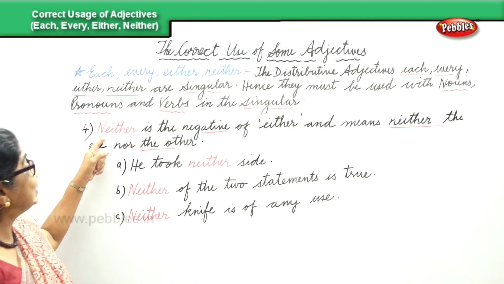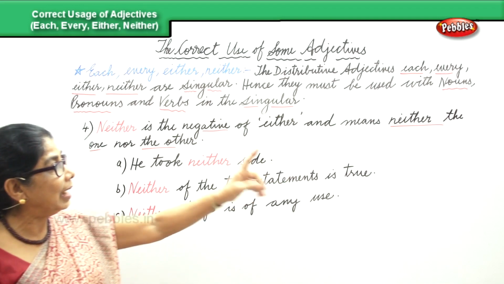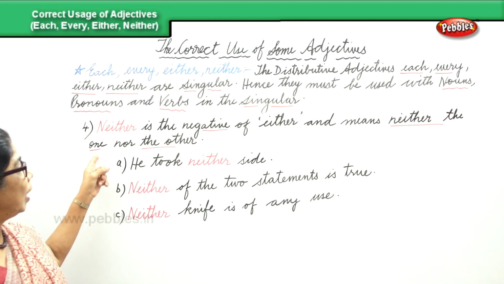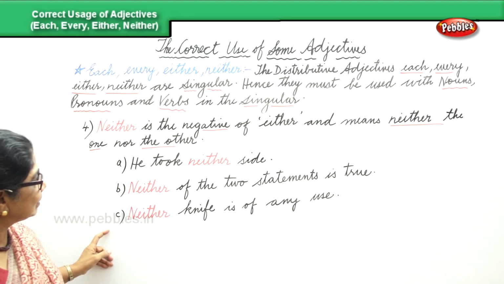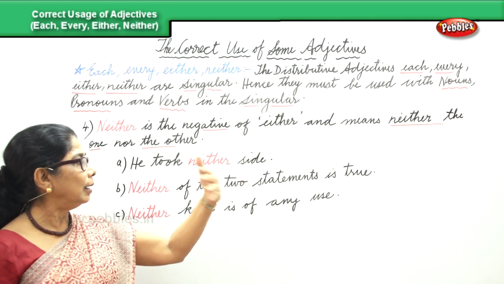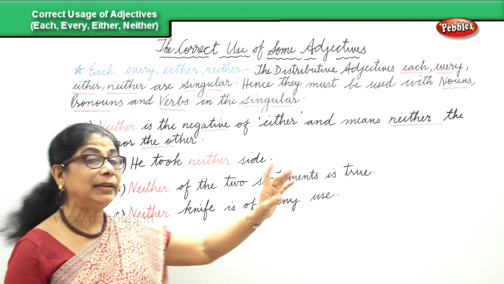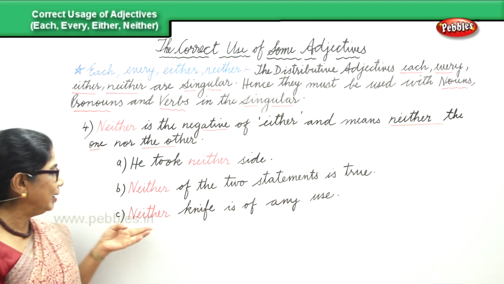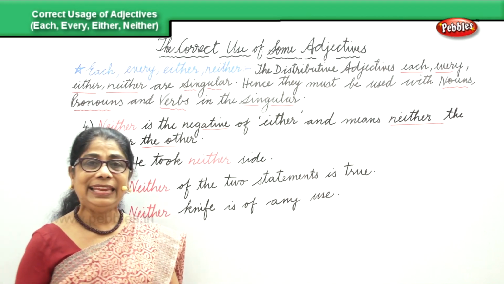And the fourth one is neither, the negative of either, meaning neither the one nor the other. I have three sentences here for you. He took neither side, he did not take any side, that means. Neither of the two statements is true. And finally, neither knife is of any use.